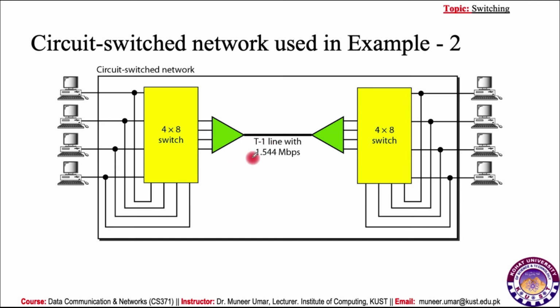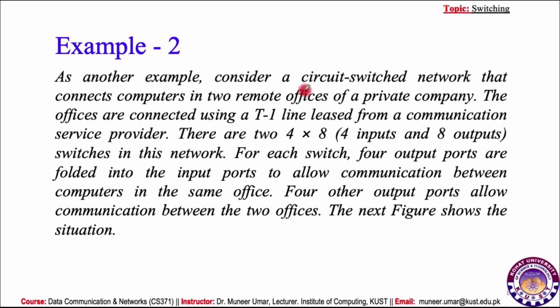In this figure we have a T1 line having 1.544 Mbps. This is a leased line, and this line is used to connect two offices. In each office there are 4 computers. Now consider a circuit switch network that connects computers in 2 remote offices of a private company.